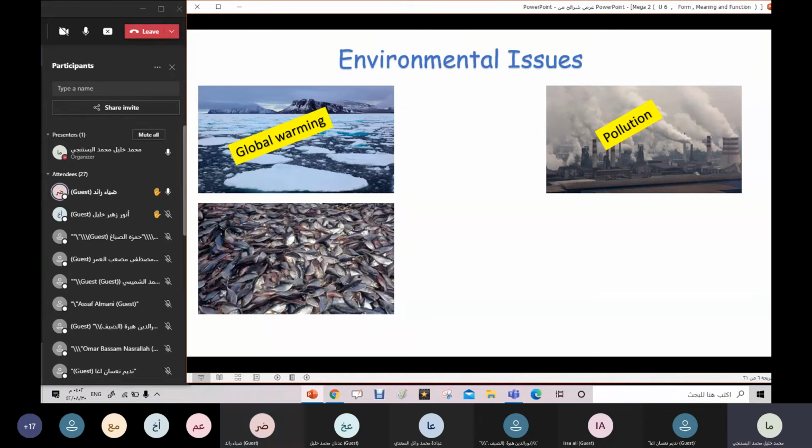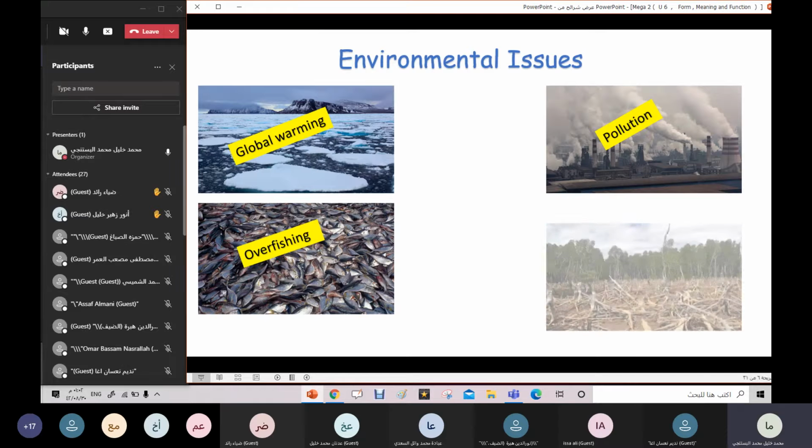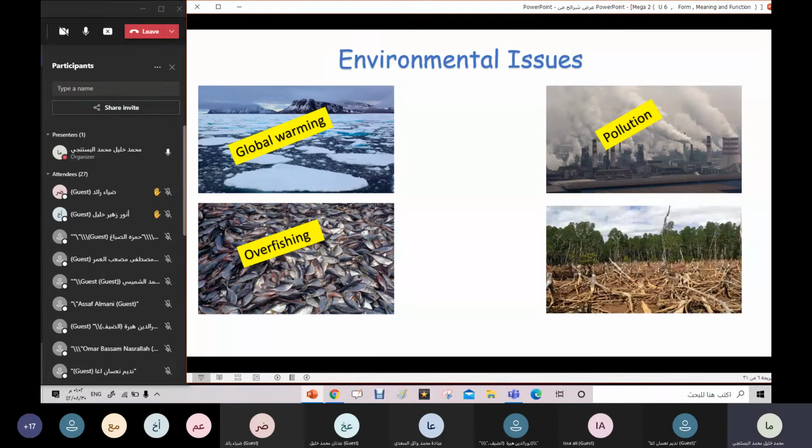And here we also have overfishing, I think. So overfishing means fishing too much. And deforestation, cutting down trees.